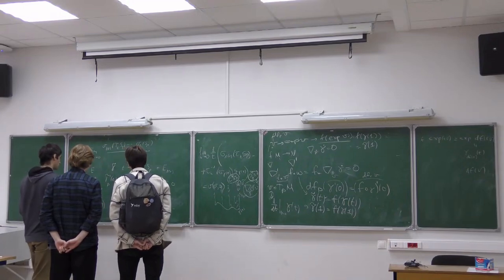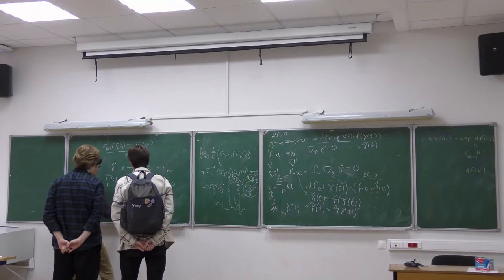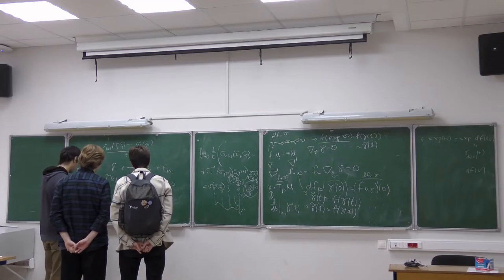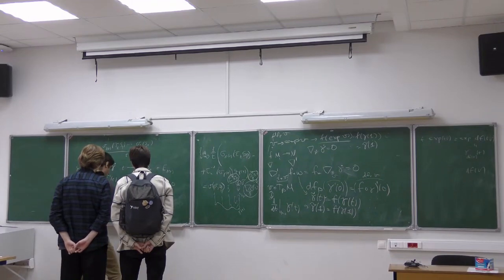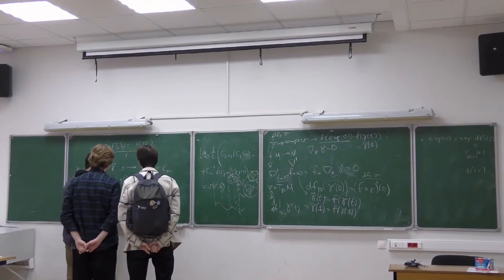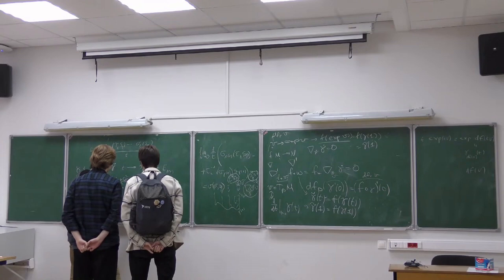Значит, тогда что у меня здесь получается? У меня получается предел при t стремящемся к нулю бета со звездочкой от t, гамма бета с волной от t.